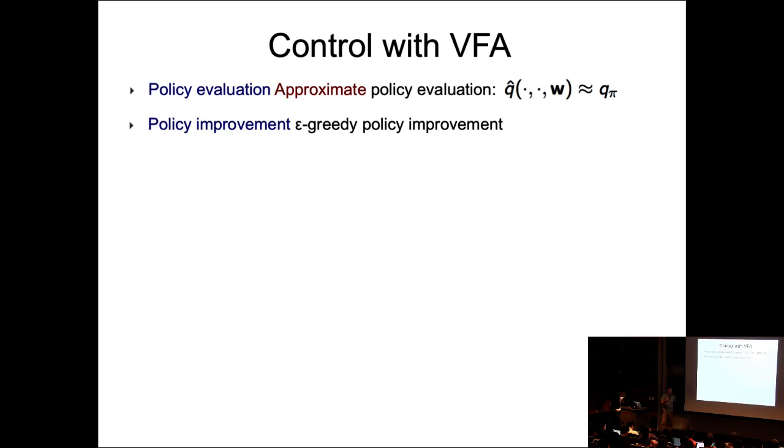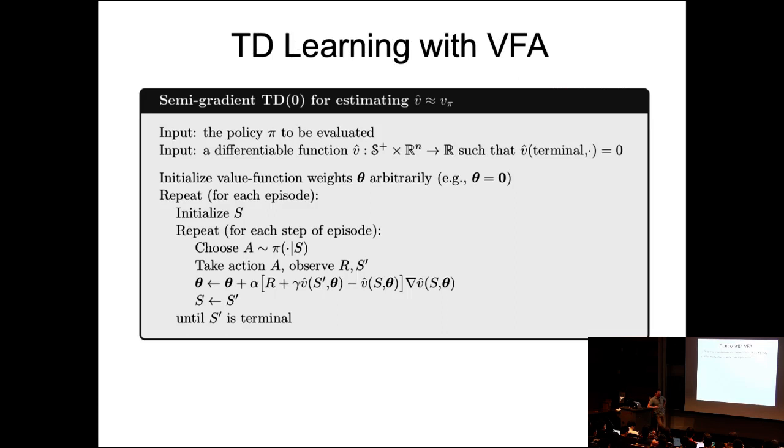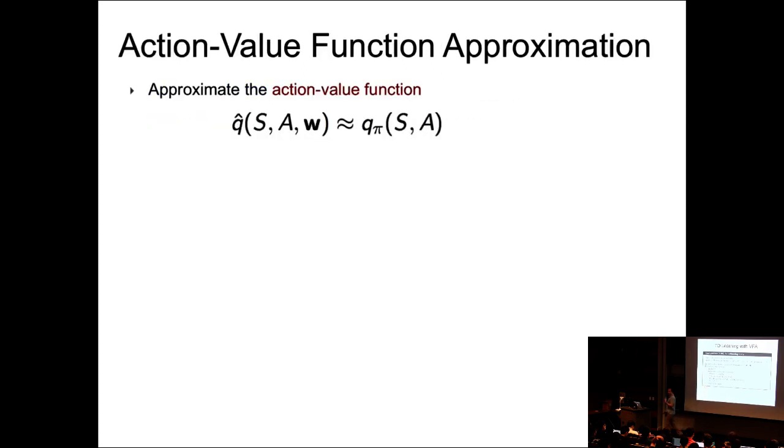And with some epsilon probability, we're going to choose any other action. Once we do that, we have a new policy. We can run the same algorithm again, reevaluate our state value or action value function, and then just update the policy again.